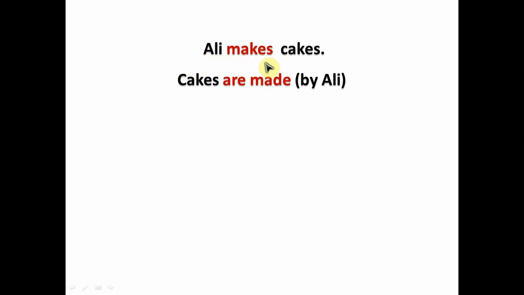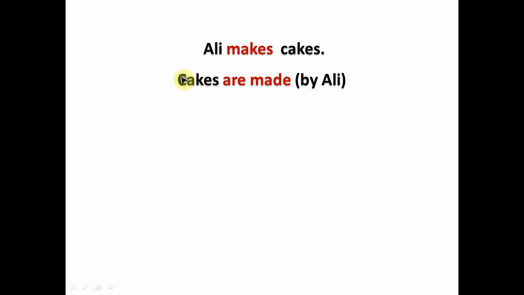Makes here is, that's right, the verb. Cakes here, yeah, the object of the sentence. Subject, verb, object. The subject here does the action to the object. So Ali makes cakes.